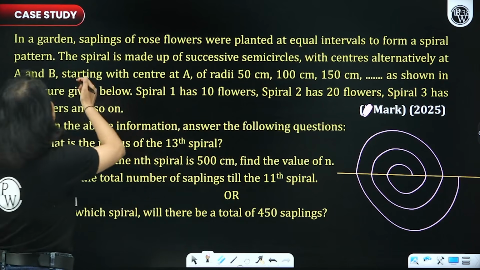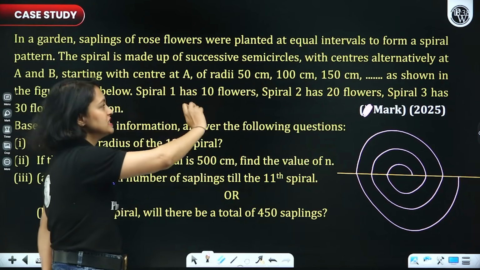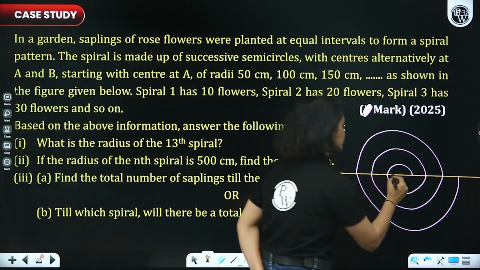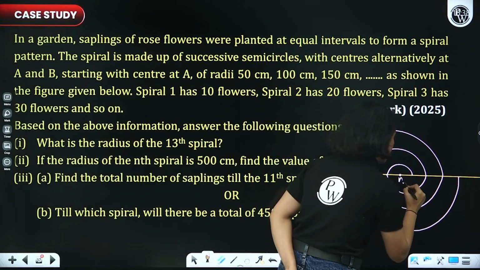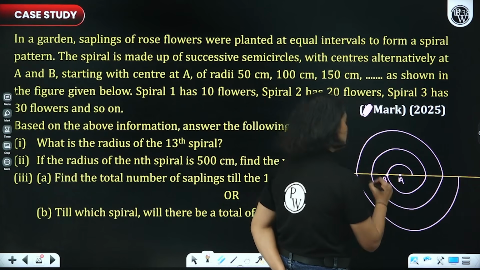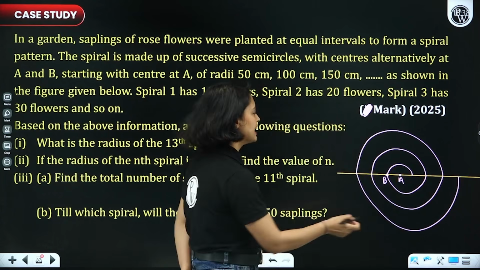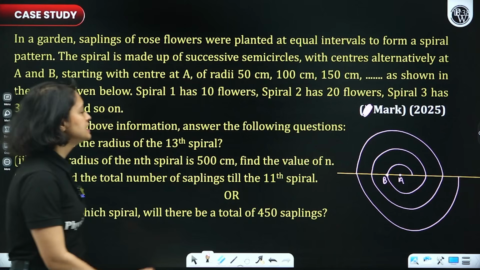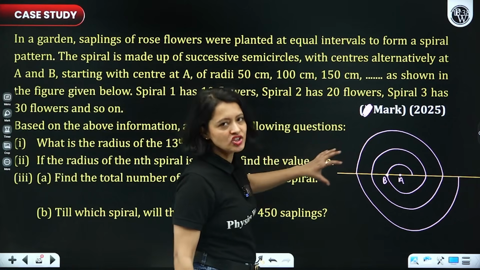Now, the spiral is made up of successive semicircles with centers alternately at A and B. So for the first one the center is A, for the second one the center automatically becomes B, for the third one the center is A again, then the fourth one again B, and so on. So centers are alternately changing.